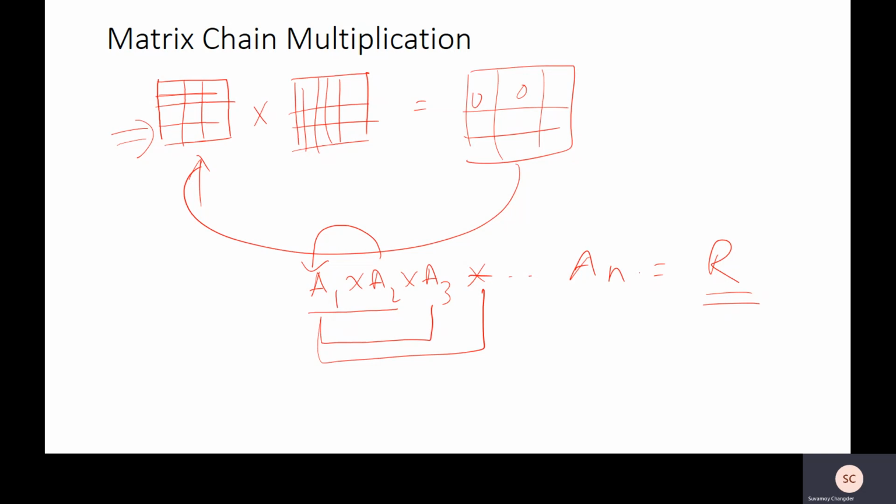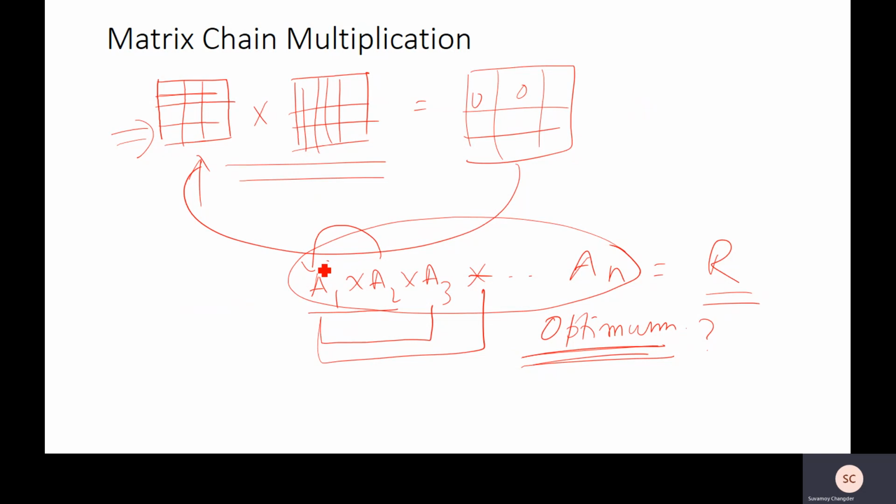But the question is, is it optimum? Optimum means, if all the matrices are not square matrices and of the same order, then can we say that the process that we are following, that is the recursive process, one by one from left to right, is the optimum one or not?